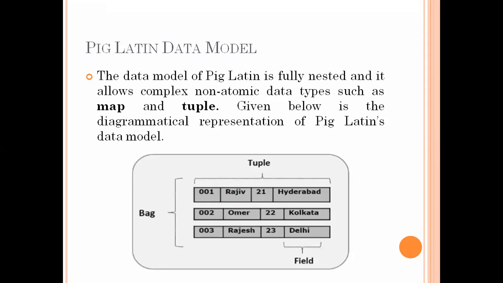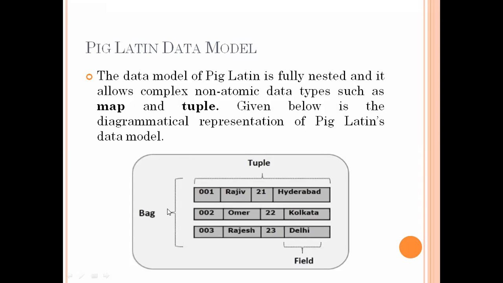So this is the Pig Latin data model. The data model of Pig Latin is fully nested and it allows complex non-atomic data types such as map and tuples. It's given as a diagrammatical representation of Pig Latin data. So if the data is there, for example, one, Raju, 21, Hyderabad, the total thing is going to be called a tuple.